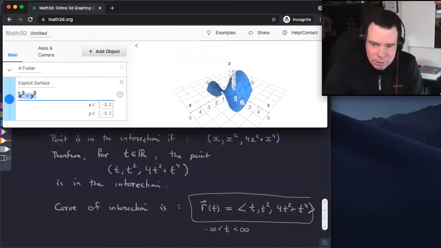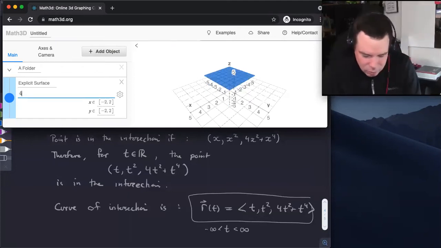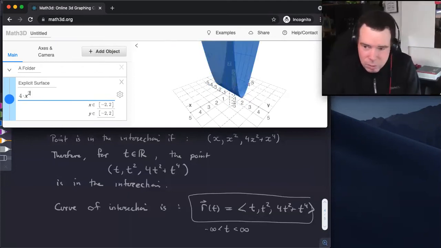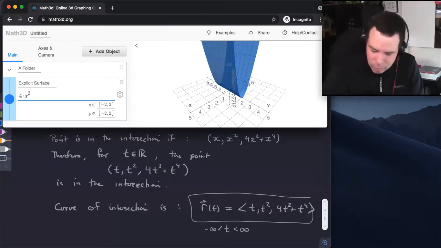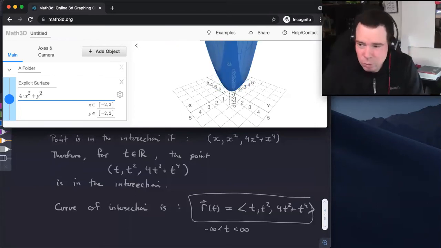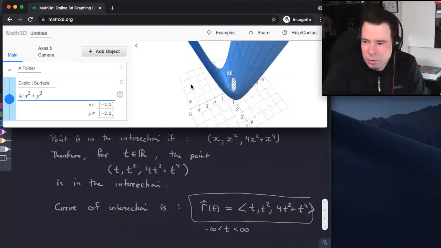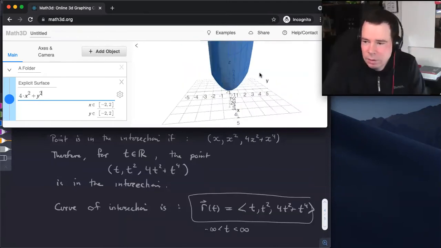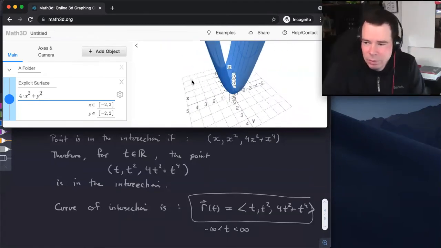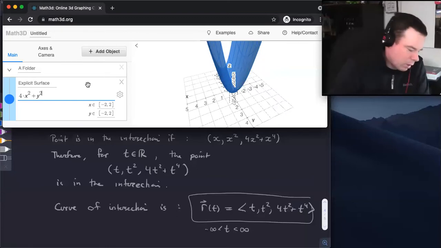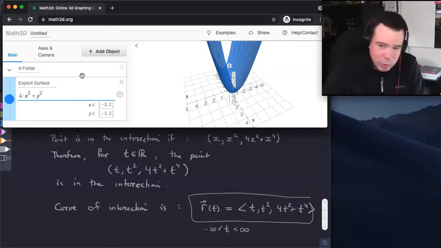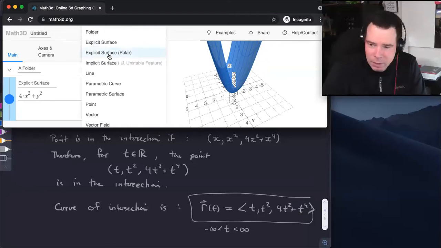This is just what is z equal to, and our first equation is z is equal to 4 times x squared plus y squared. So that's the first surface, whatever it is. It's called a paraboloid, but we'll get to that in 12.6. Then I'm going to add another object, y equals x squared.